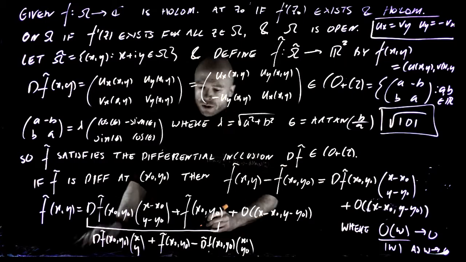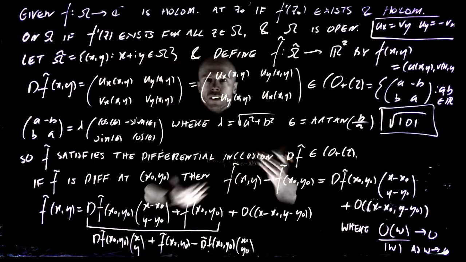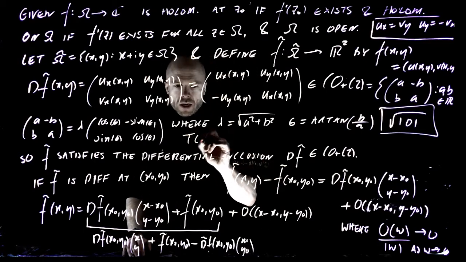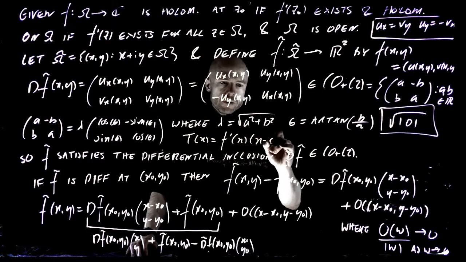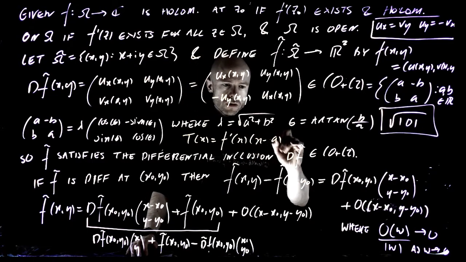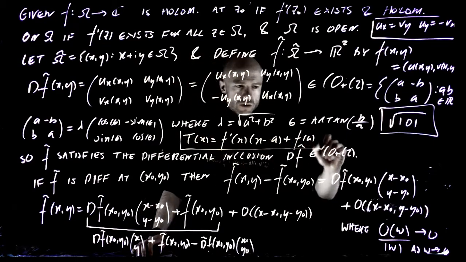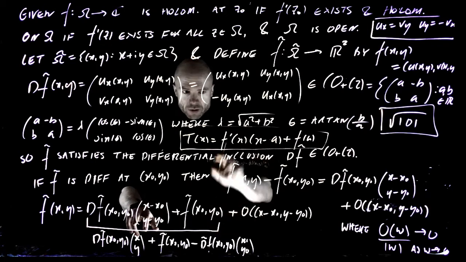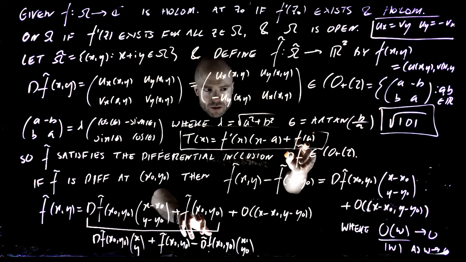Yeah? Completely analogous to the tangent line in calculus, right? So if we do the tangent line in calculus, we have T of x is f prime of x, x minus a, plus f of a, right? Which is exactly this thing right here, where the f prime is this, and this is this. Yeah?